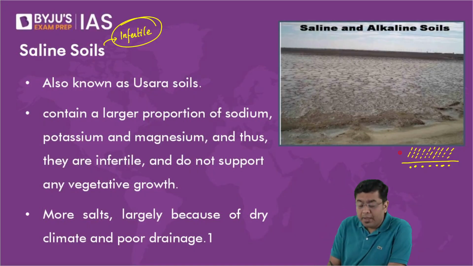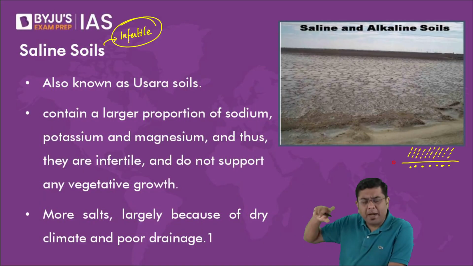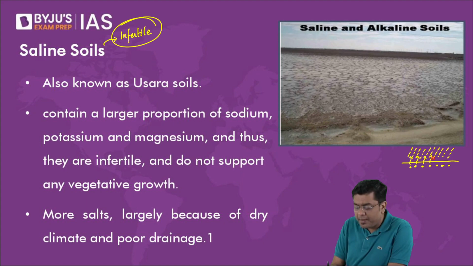So here, after the rainfall has abated, or let's suppose you have closed down the irrigation, all that excess water will start to evaporate. But when the evaporation happens, only the water droplets will evaporate.